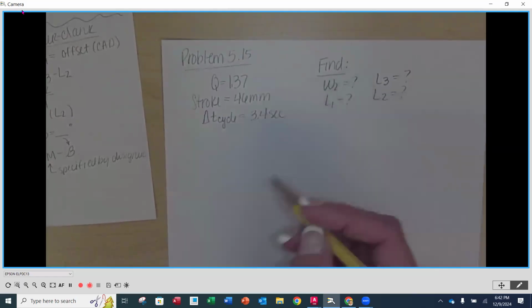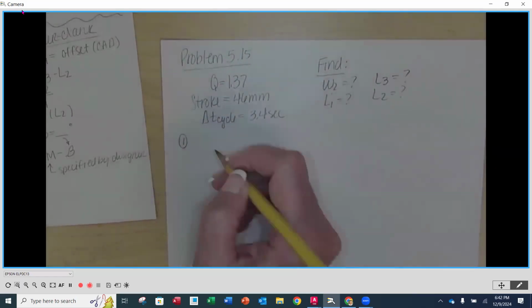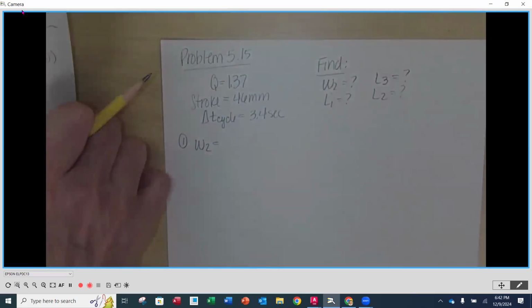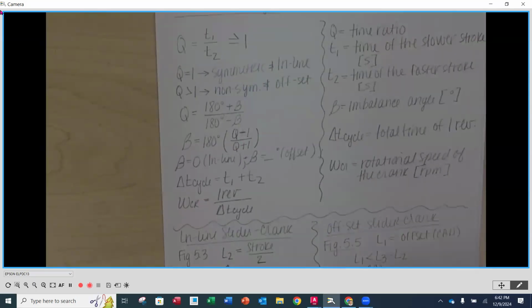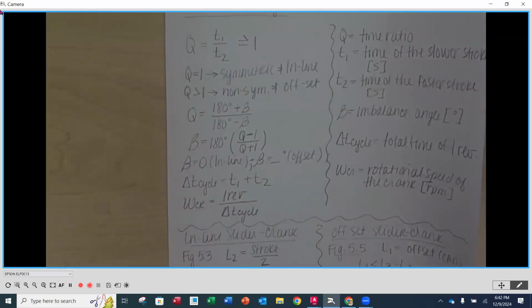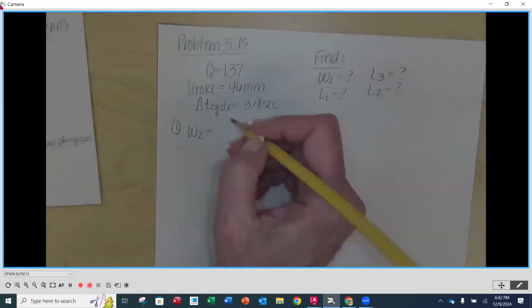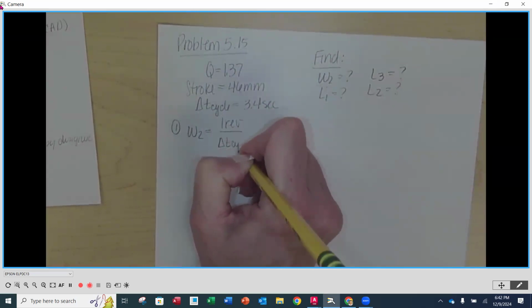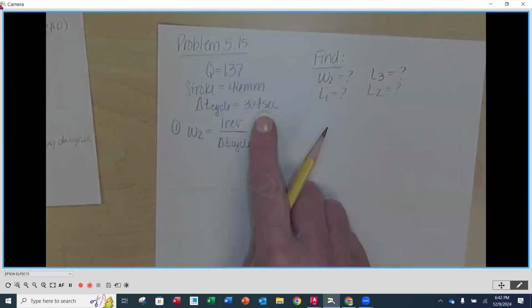So we'll start with calculating the rotational speed. Our step number 1 is going to be W2. If you need to go back to the equation sheet, the rotational speed is 1 revolution over the total time of 1 cycle. So 1 revolution over delta T cycle, which we are given right there.